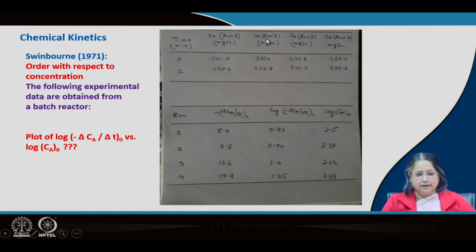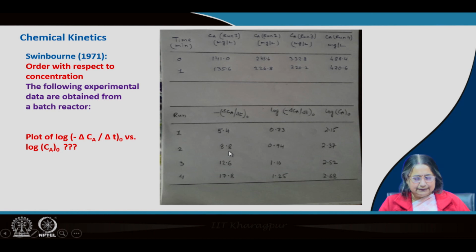There are run 1, run 2, run 3 and run 4, and you have to put them in a table. Here are the calculated values: this is the difference delta C, and delta T is 1, so the difference divided by 1 is 5.4 here.